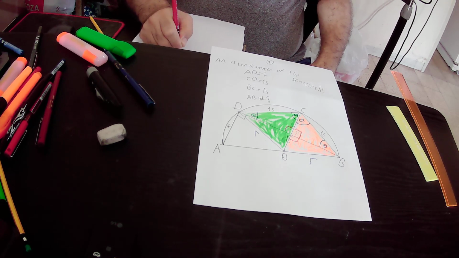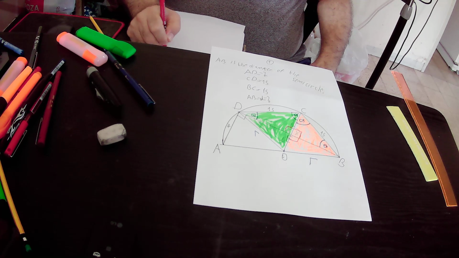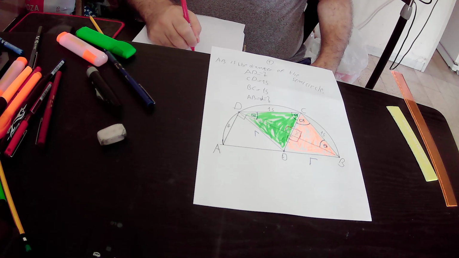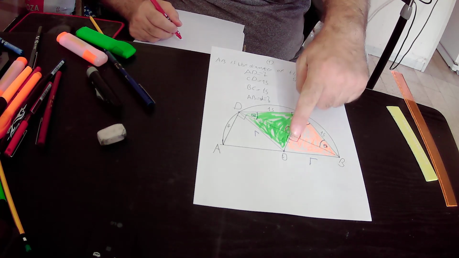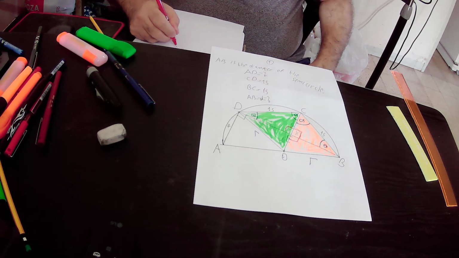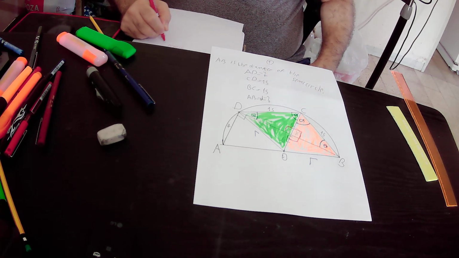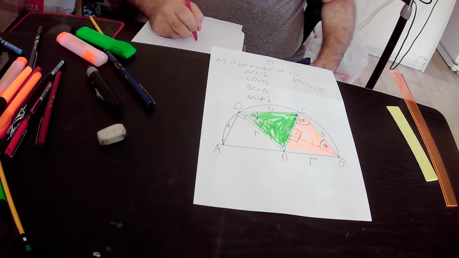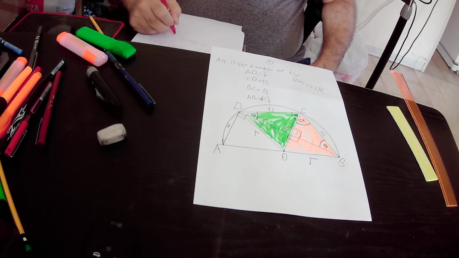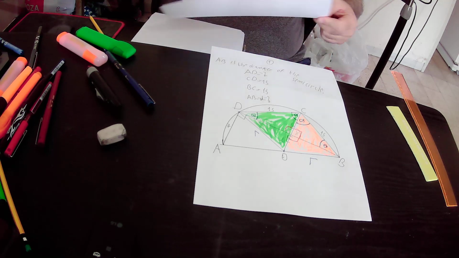The sum of the three angles around point E is equal to 270 degrees. So I'll read it again.